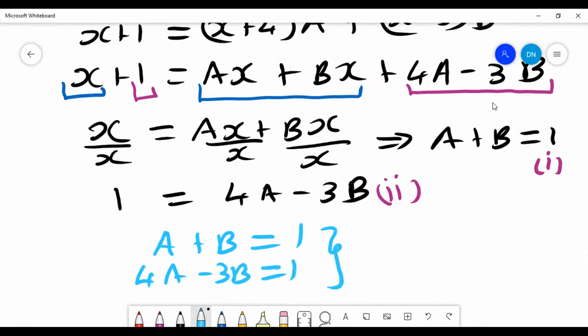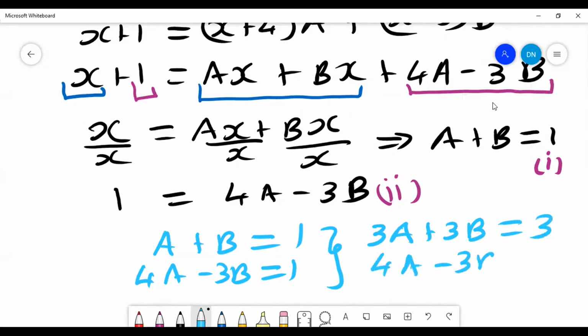I make them the same by multiplying through. In the first equation by 3, 3a plus 3b is equal to 3, and 4a minus 3b is equal to 1. Why did I multiply the first equation by 3? So that I make the parameter, the letter b, equal in the first and the second equation.